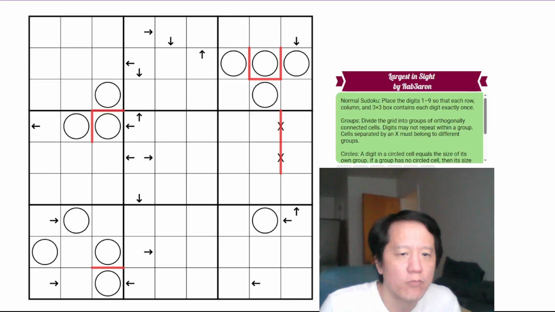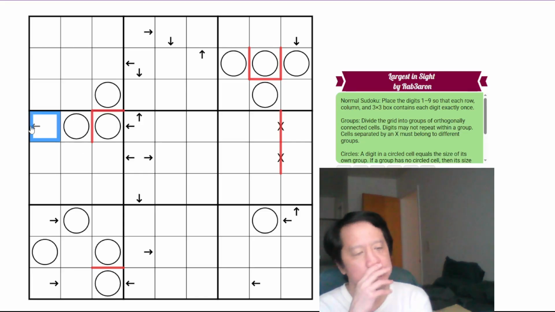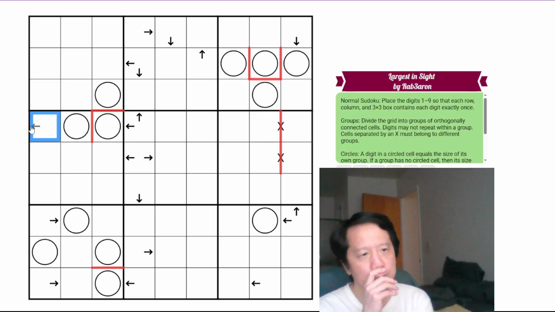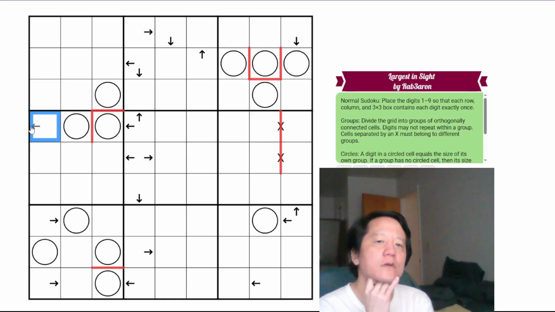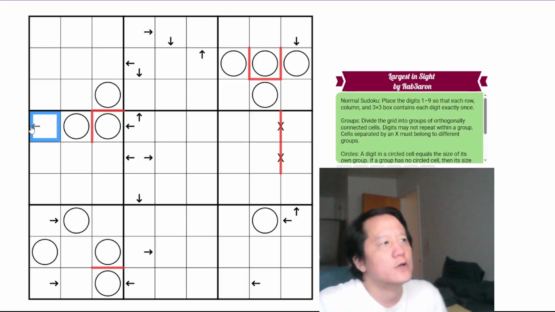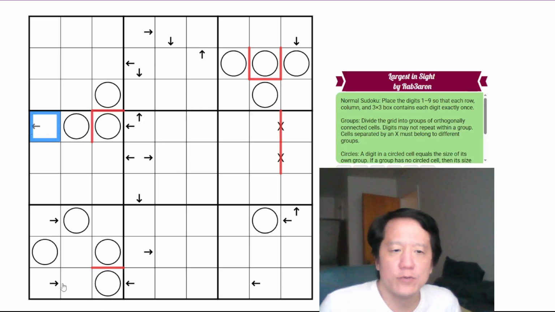Okay. This is basically the size of its group. So these cannot be the same size.